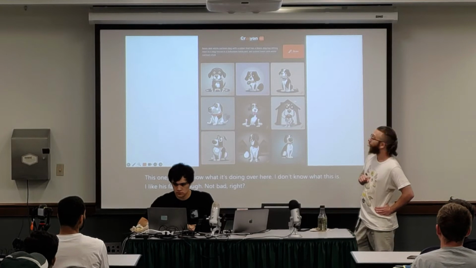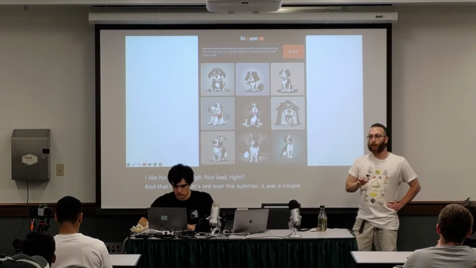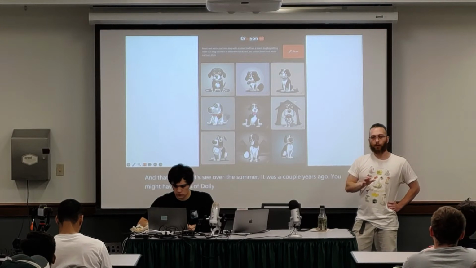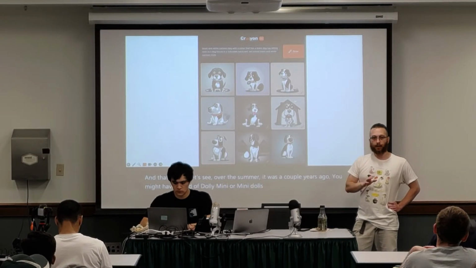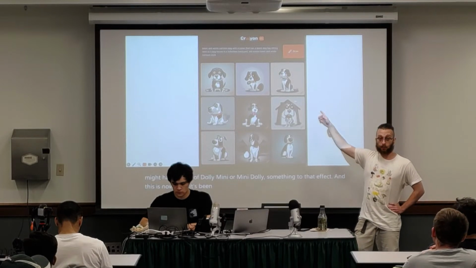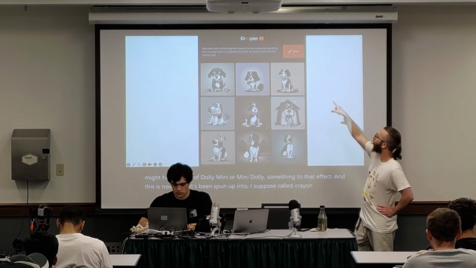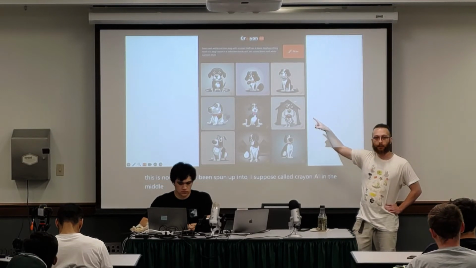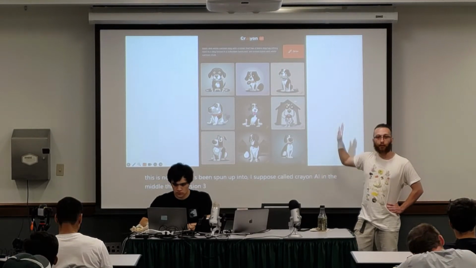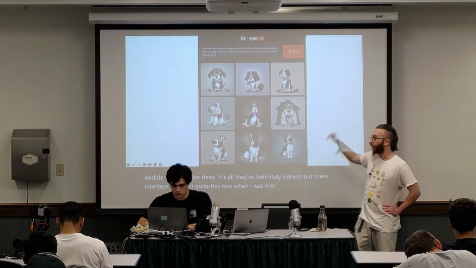Over the summer, a couple years ago, you might have heard of Dolly Mini, or Mini Dolly, something to that effect. And this is now what it's been spun up into, called Craiyon, AI in the middle there, version 3. So they've definitely worked out their interface. It wasn't quite this nice when I was first messing with this stuff.